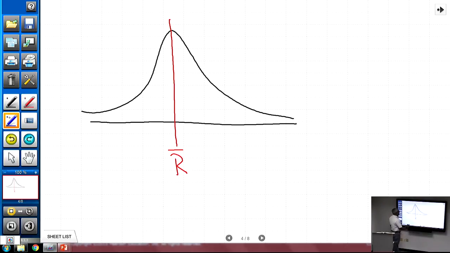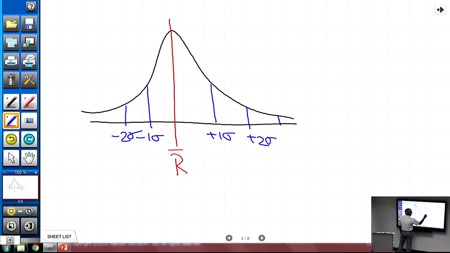Around that mean value, we have +1 standard deviation, -1 standard deviation, +2, -2, +3, -3 standard deviations.